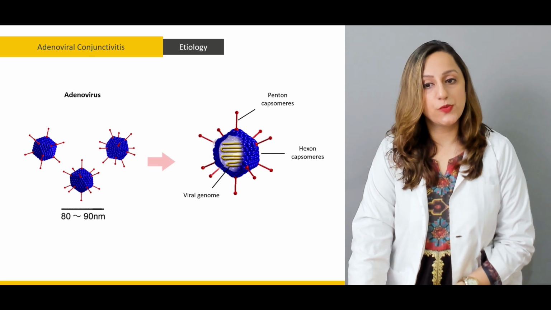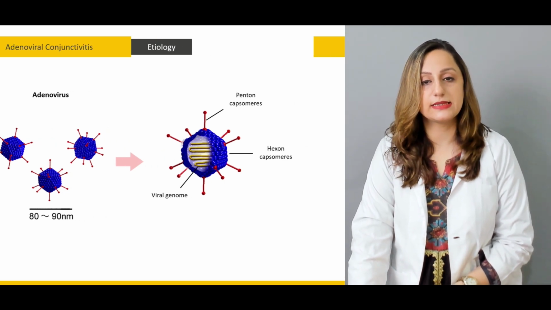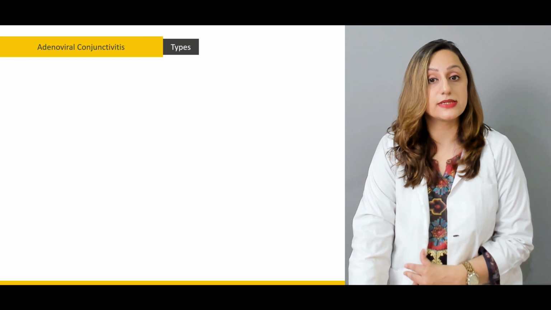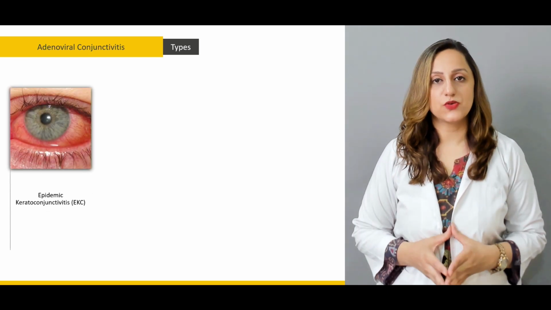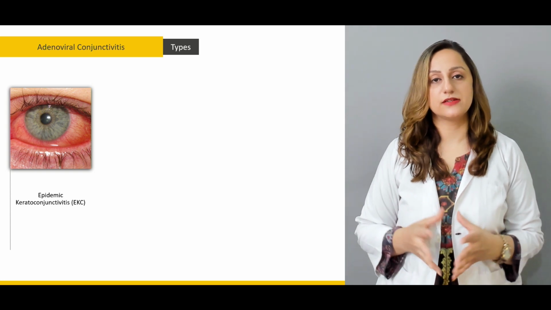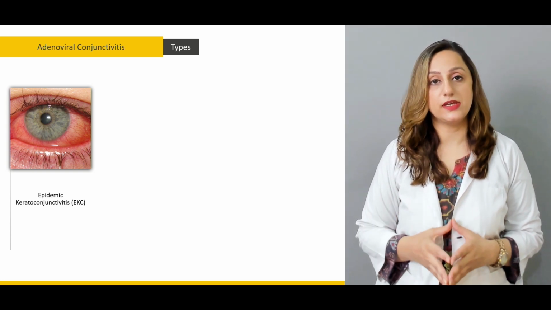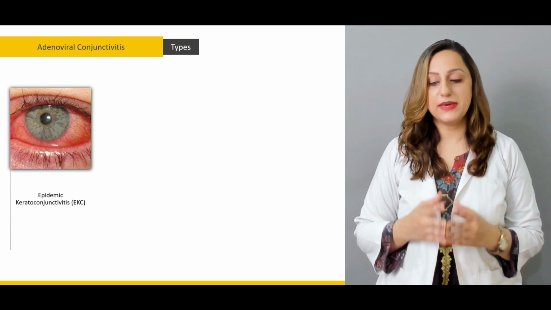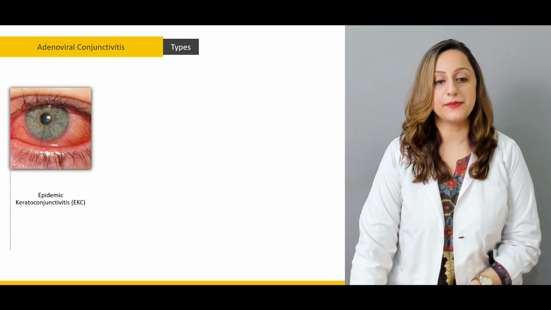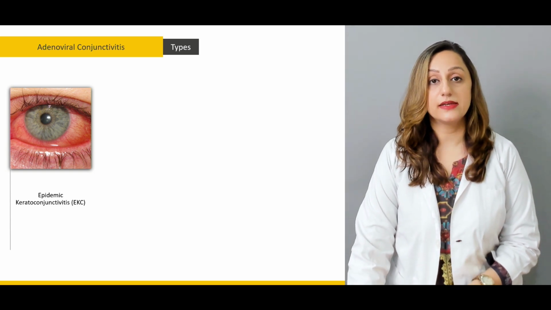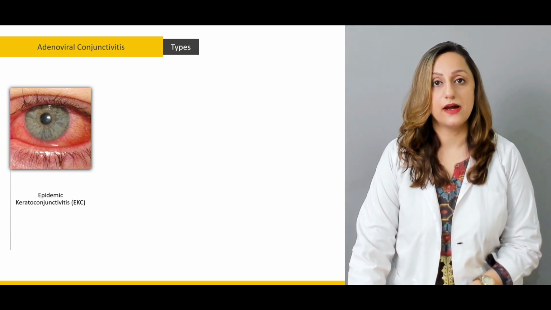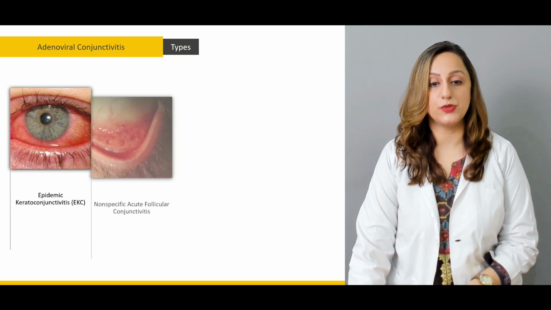The viral genome is the central part of these adenoviruses. The clinical types of adenoviral conjunctivitis comprise epidemic keratoconjunctivitis, which is the most common presentation and is an epidemic that usually occurs in many communities.